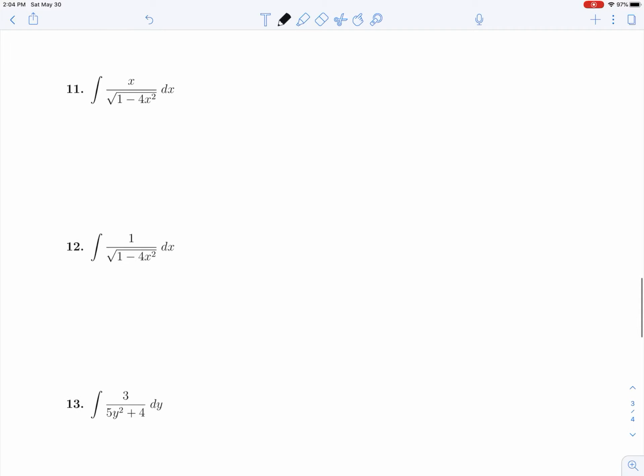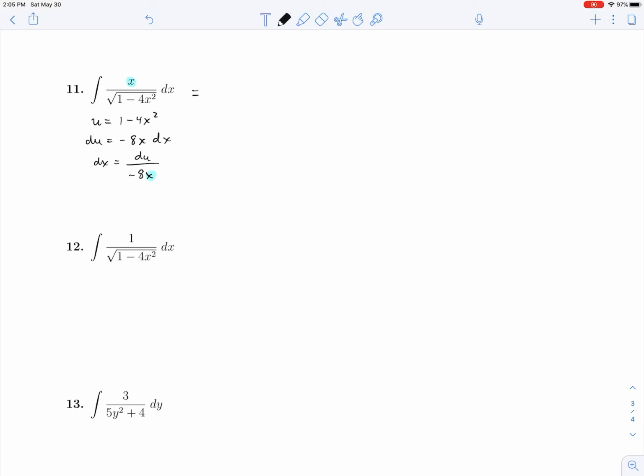Okay, next one. For this one, we can let u be 1 minus 4x squared, and then du is -8x dx, and so dx is du over -8x, and you can see that the x's cancel, and so then we just need to multiply by -1/8 to compensate for our du.